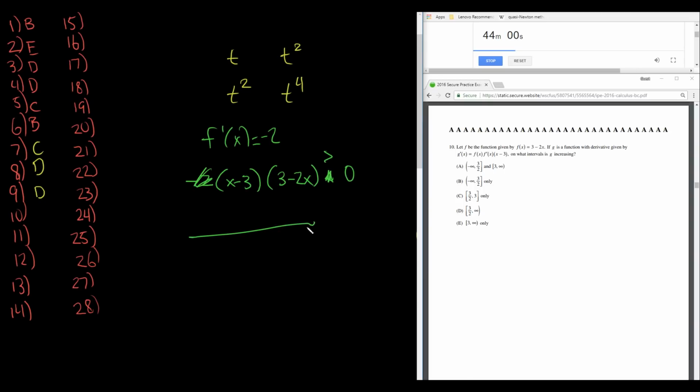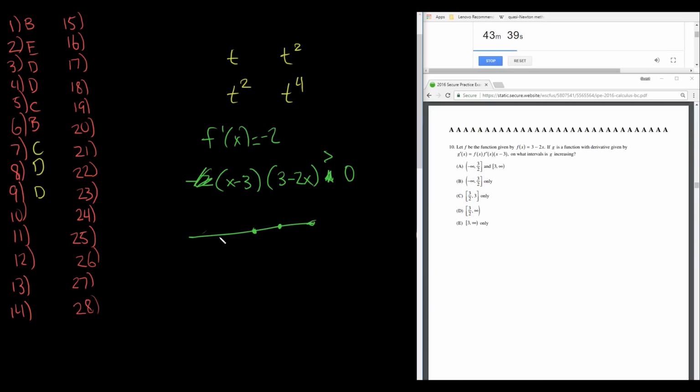If we draw our number line, we can do some tests. So first we have x equals 3, and then x equals 3 halves is our second point. So we're going to have some switches here. When x is, say, negative infinity, we get a really small negative number here, and negative infinity is going to go positive here, so we're going to get a negative.